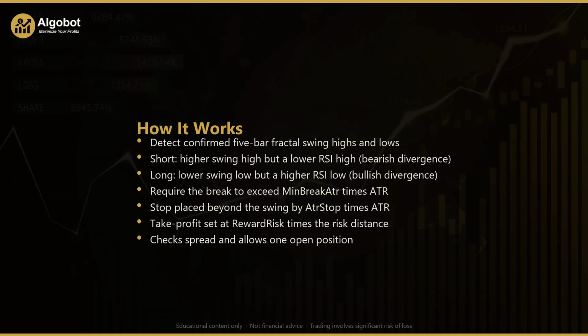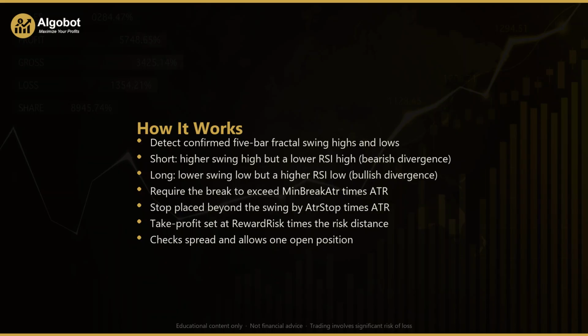Now for risk management. On a short, the stop loss is placed above the fresh swing high by the ATR stop value times ATR, which defaults to 0.6. On a long, the stop sits below the fresh swing low by that same buffer. The distance between entry and stop becomes the risk. The take profit is then set at the reward risk multiple of that risk, which defaults to 1.8.